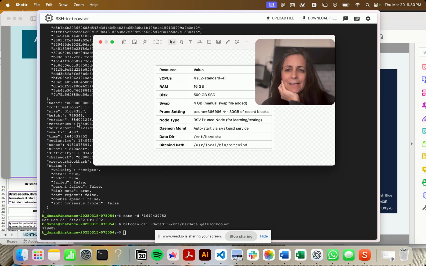I finally got it to stop crashing through this process: the swap, the prune setting, and the auto start. Obviously if I got more RAM, I would. I don't think the CPU, I don't know. Anyway, the CPUs and the RAM are the key, but I'm not going to pay for those. This is just for learning.